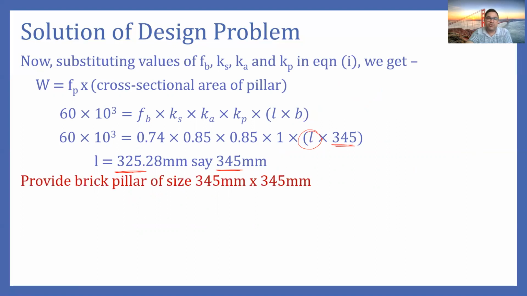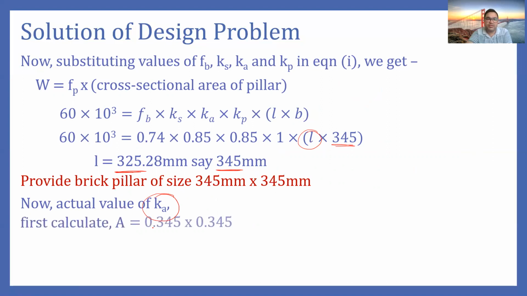So we have got both the dimensions of the pillar, and because we have both dimensions, we can now calculate the actual value of Ka. To find the actual value of Ka, we first find the value of A, which is B square.